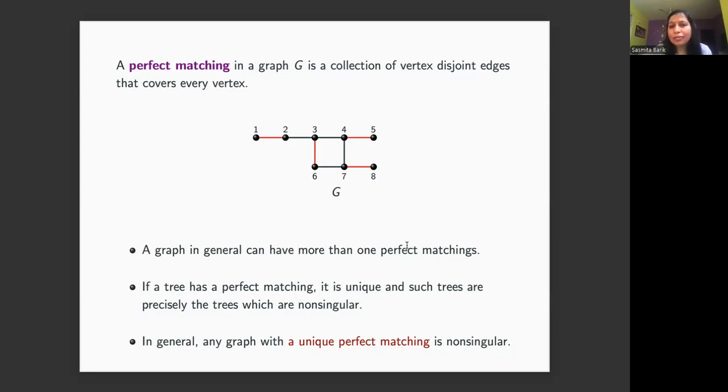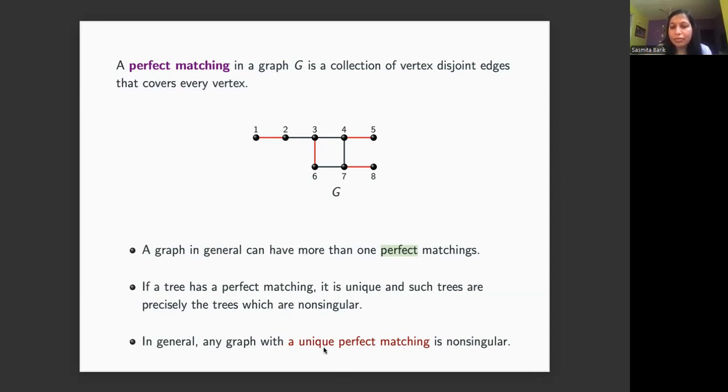But for the graph case, more than one perfect matching can exist. And there are graphs with no perfect matching also. But if a graph has a unique perfect matching, then that graph must be non-singular. That can be proved easily looking at the characteristic polynomial.